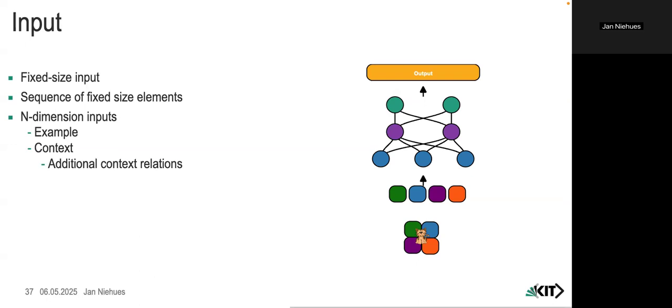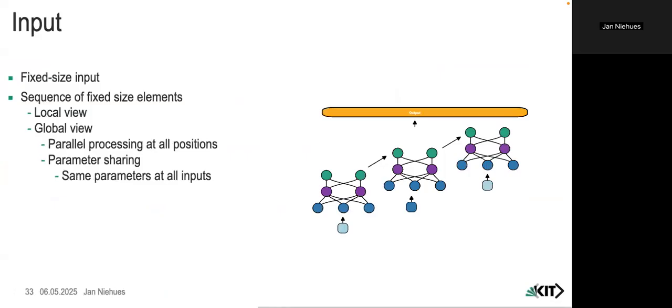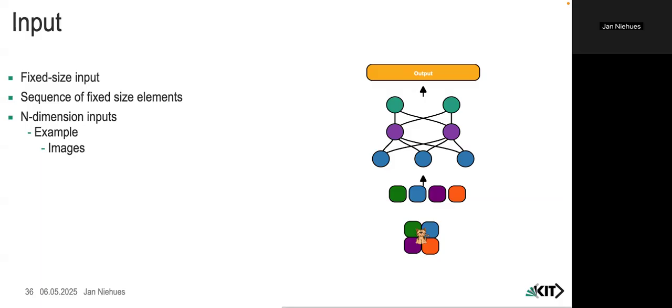Normally you would treat the relation between green and blue as the same as between purple and orange, but the relation between blue and purple is different. You can do that in how you connect the architecture. But again, you can do it the same way by applying your network at each position, or copying your network at each position, and then encoding which information you put into each of these calculations.